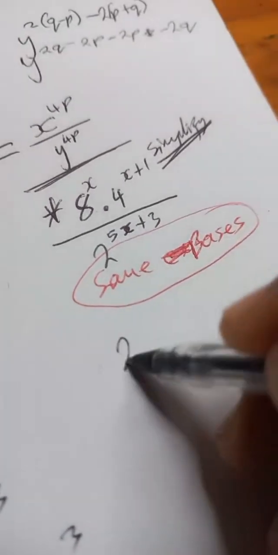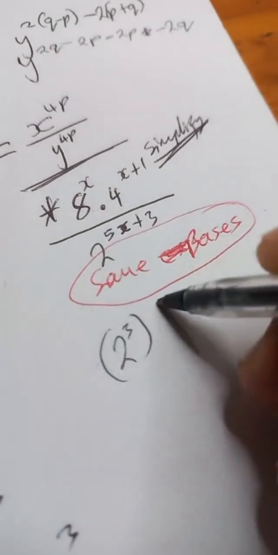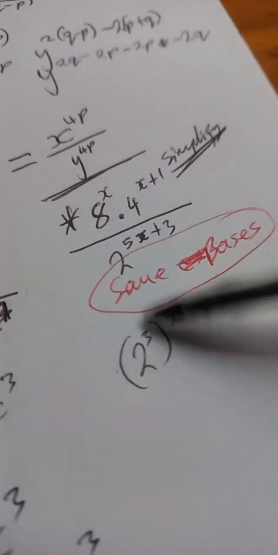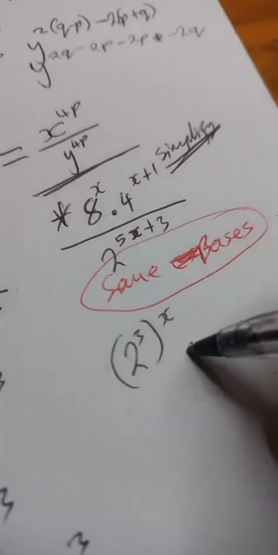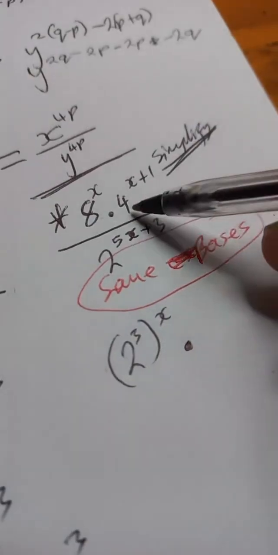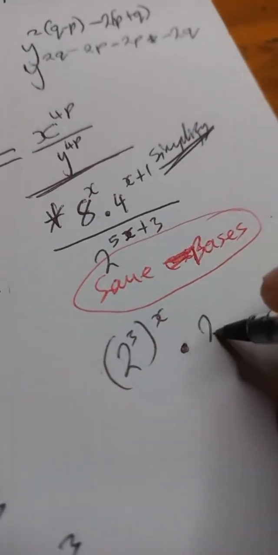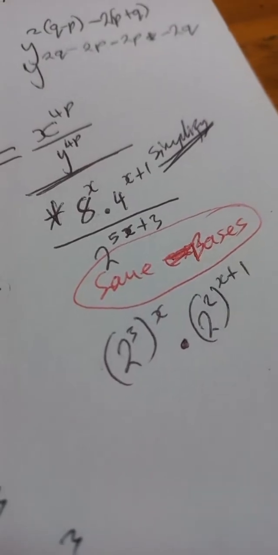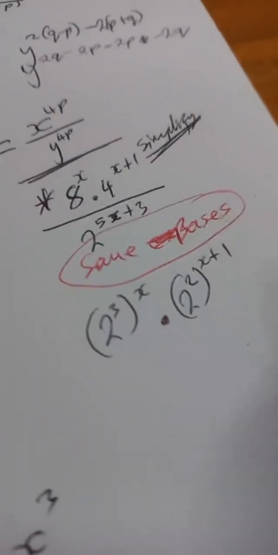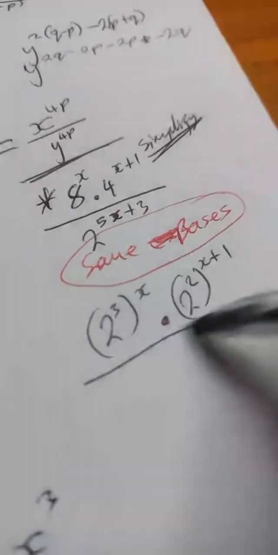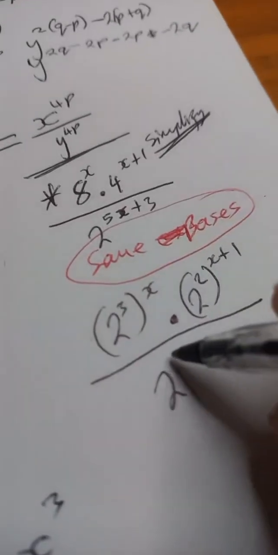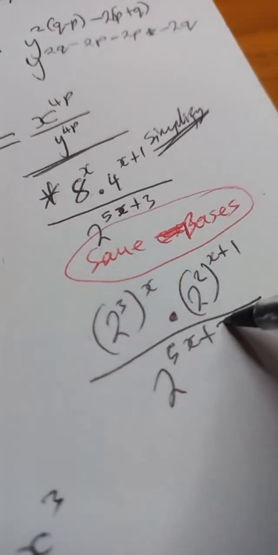So it's going to be 2 to the power of 3 bracket x. Right? 2 to the power of 3 is 8. Times, this is going to be 2 to the power of 2 bracket x plus 1. Right? All over 2 to the power of 5x plus 3.